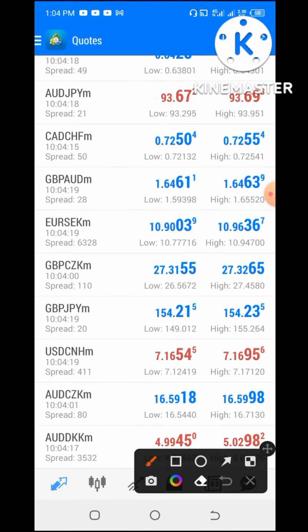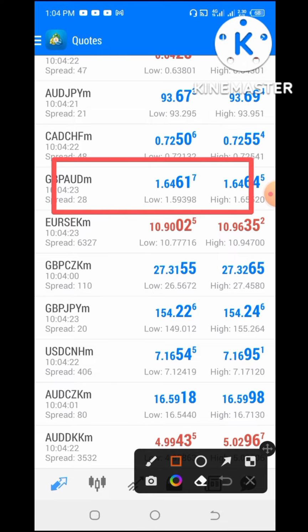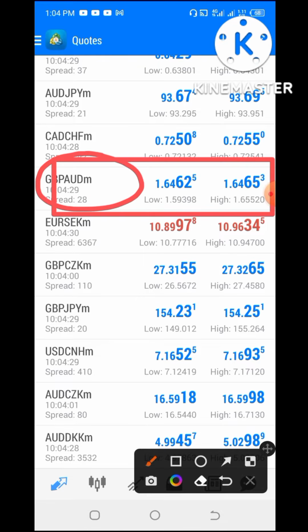Let me mark it well, I really want you to understand what I'm marking. What's this pair? This is Great Britain pound versus Australian dollar. So the Great Britain pound is our base currency, the most important currency there.